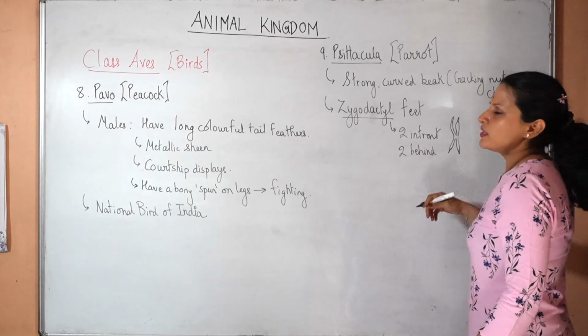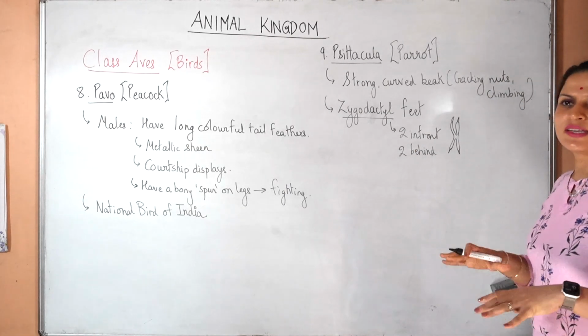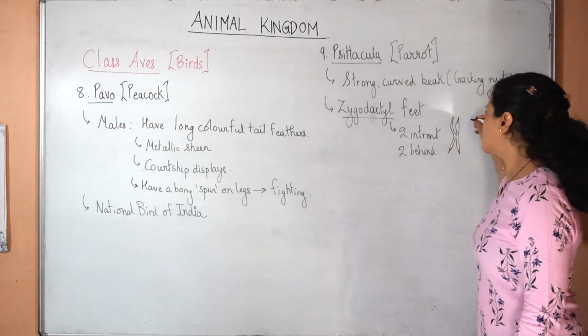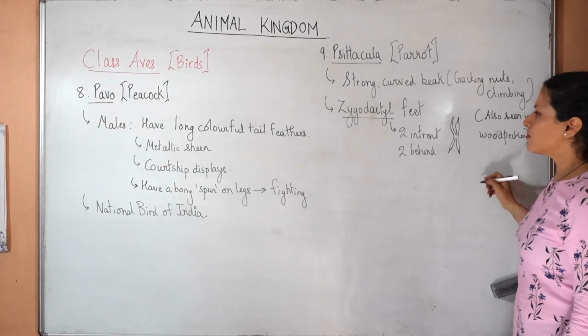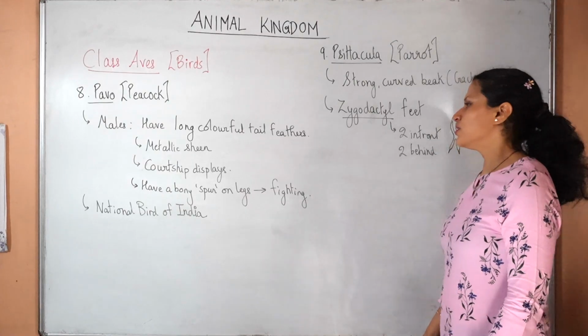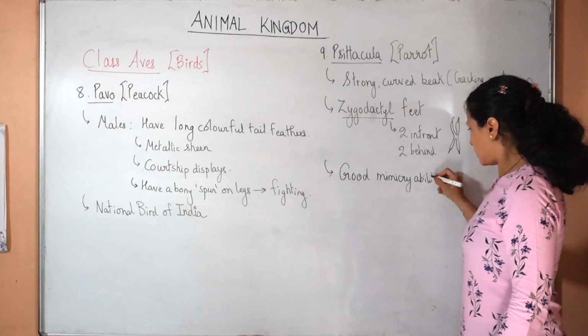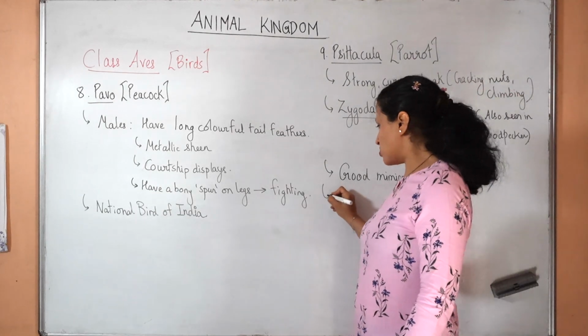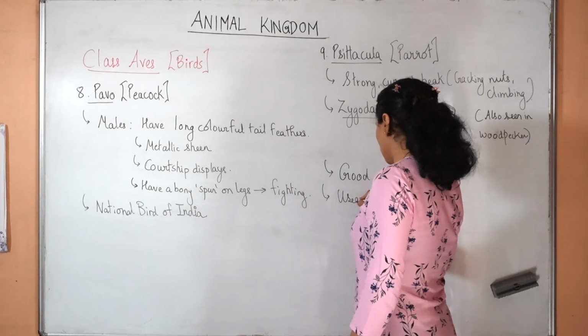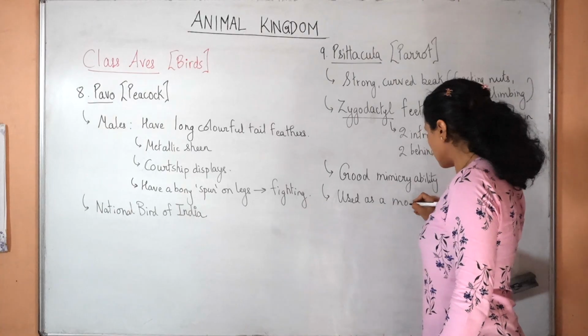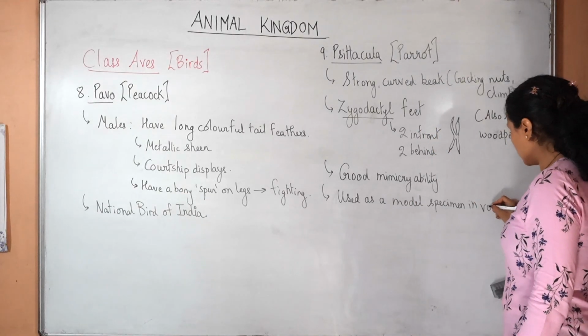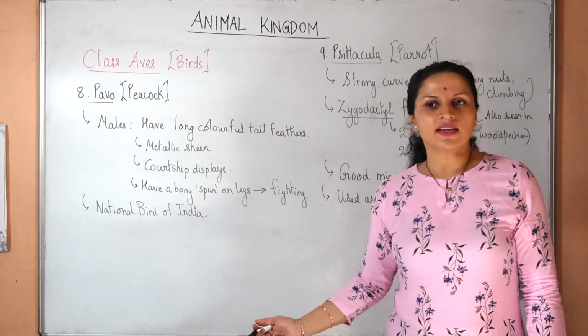This kind of arrangement is usually seen in the ones that perch. This kind of arrangement is also seen in woodpecker. It gives it a better hold on the branches during perching. You know that parrots have a good mimicry ability. They can mimic human speech, isn't it? And they are also used as a model specimen in vocal learning research. Parrots are quite an intelligent bird.